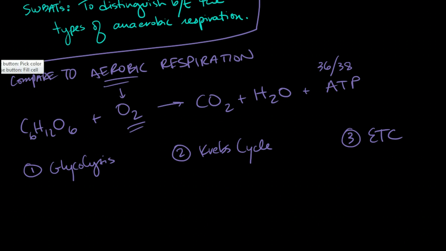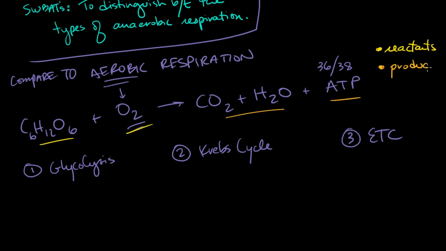I'm going to underline the inputs in yellow, and then the outputs in orange. The inputs are also known as reactants, the things that go into a reaction, and the things underlined in orange are the products, the things that were produced by the reaction.